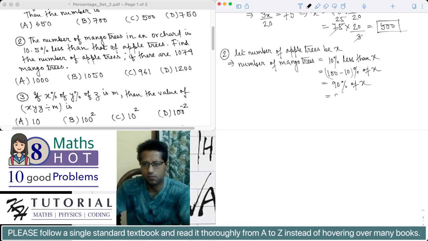This is equal to 90 by 100 multiplied by x, and this is equal to 9x by 10.